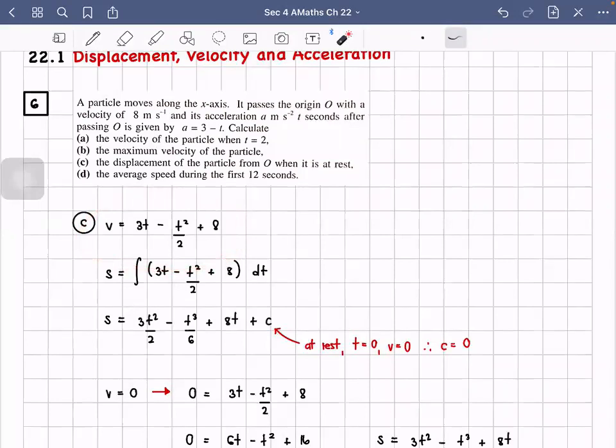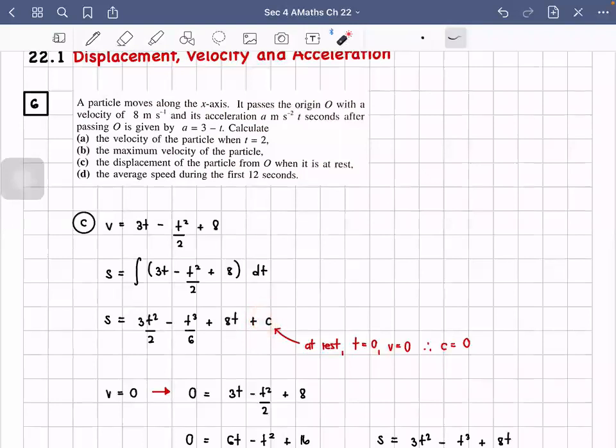So how do I go back again? This is S, V, A. From velocity to displacement, you need to integrate velocity, right? So I'll find the antiderivative of this expression right here, and I'll get 3t squared minus t cubed over 6 plus 8t plus c. So what is c here?